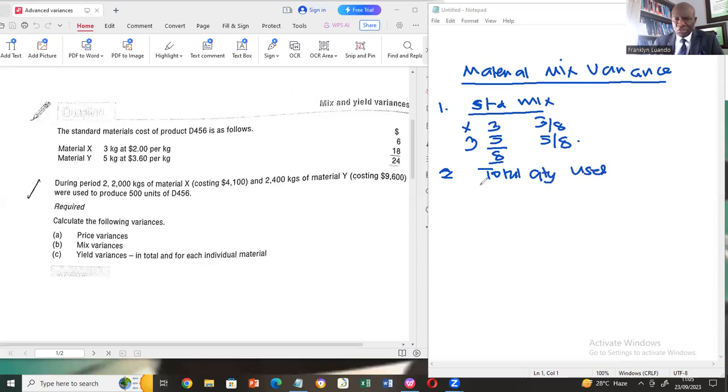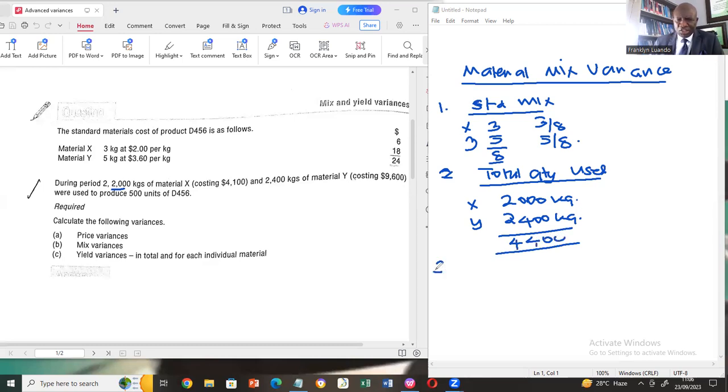The total quantity used here, we have X, 2,000 kilos, and Y, 2,400 kilos. Total, 4,400.